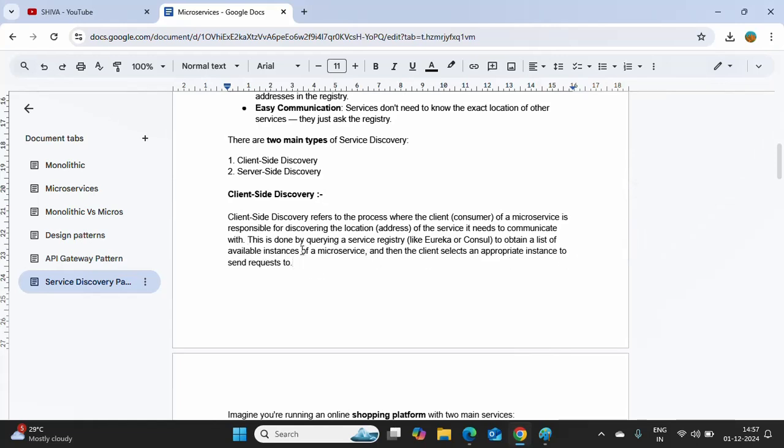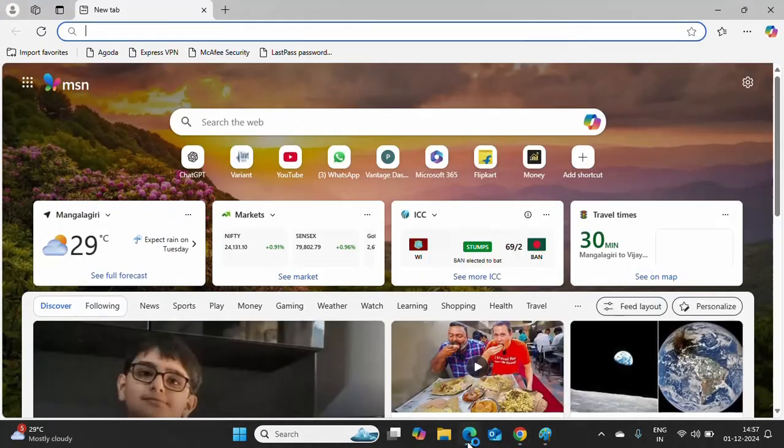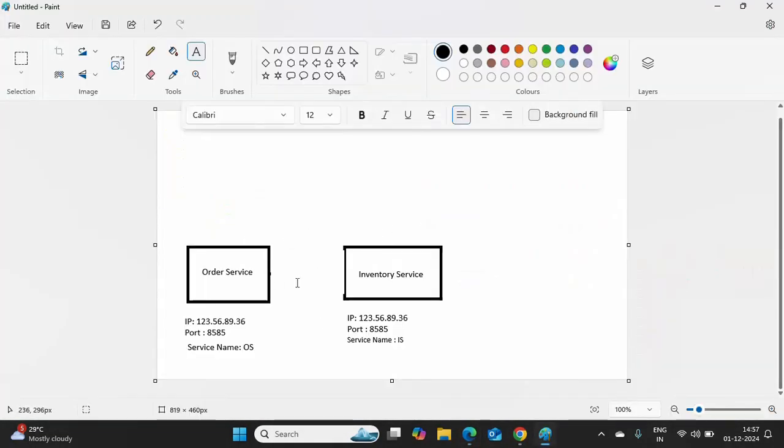If you want to understand this sentence completely, let me explain it one by one. As per this diagram we have two services. Now we are planning to implement the service discovery pattern.